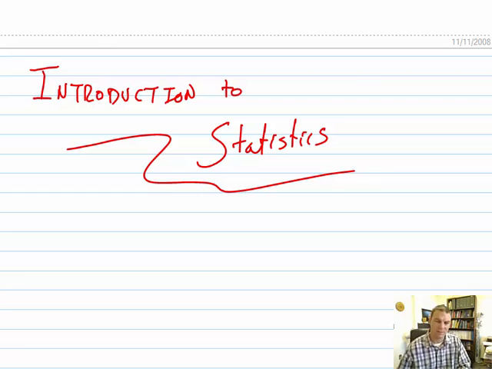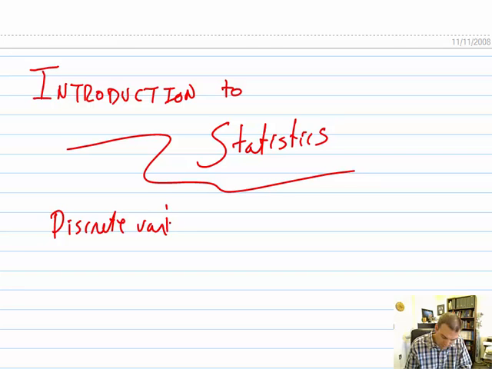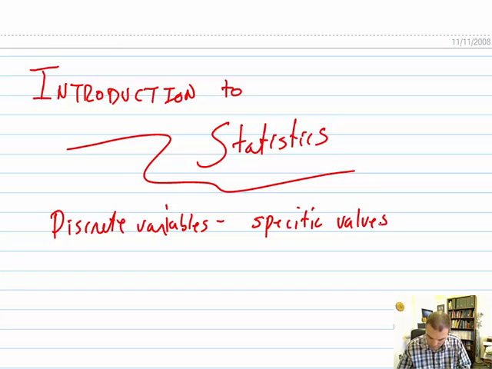We can start off by talking about discrete values, or discrete variables, as a starting point. Discrete variables take on specific values.